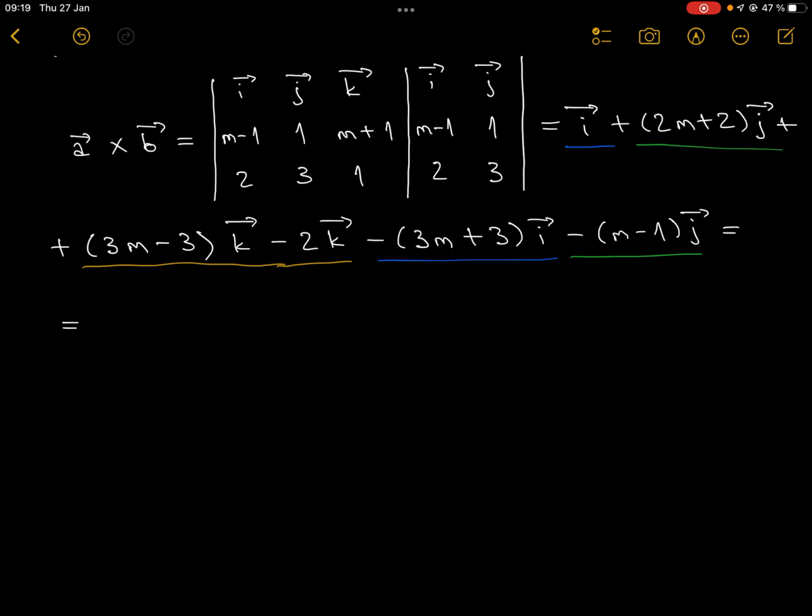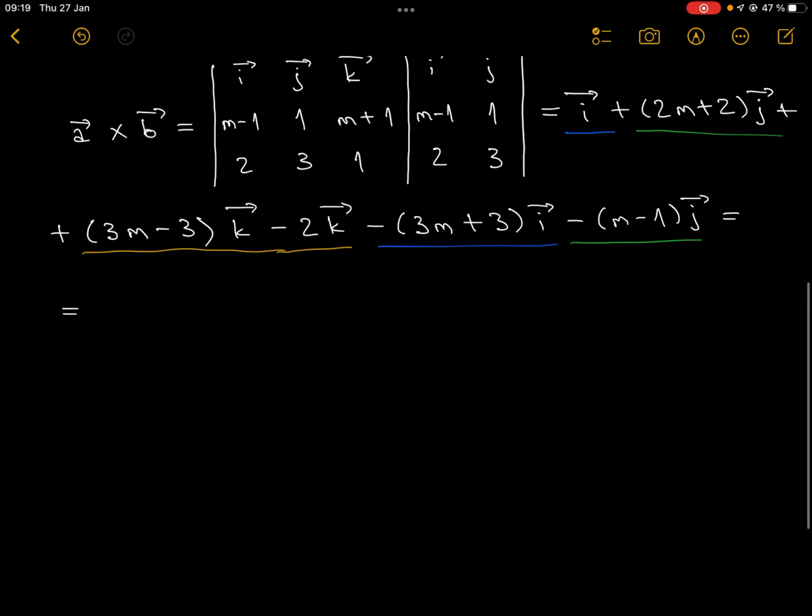Okay, so when we factor the i's, we'll get 1 minus 3m minus 3, so we'll get minus 3m minus 2i, plus 2m plus 2j minus m plus 1.